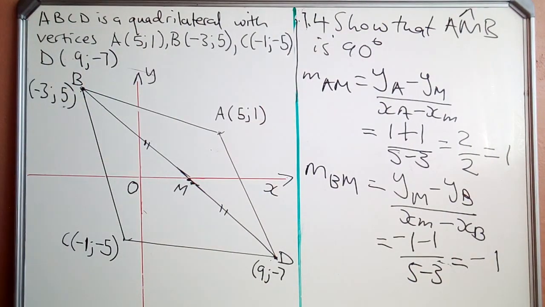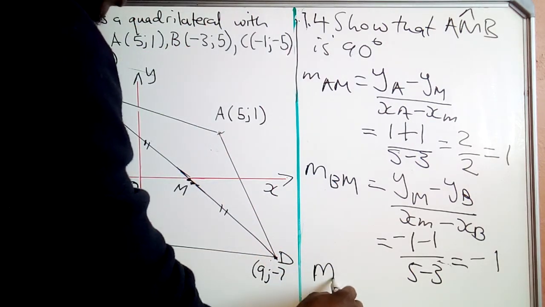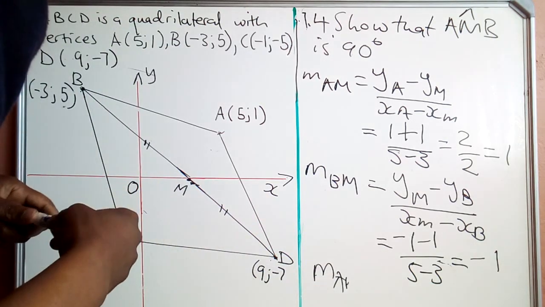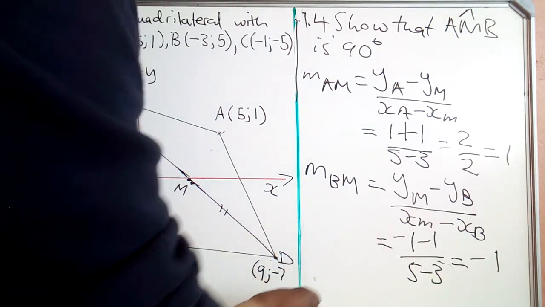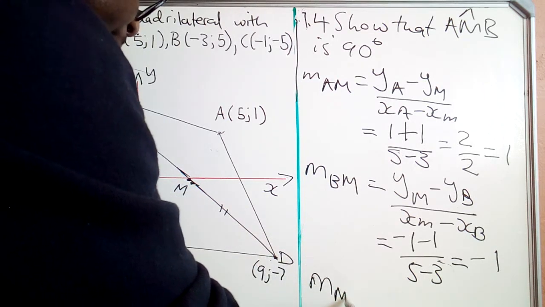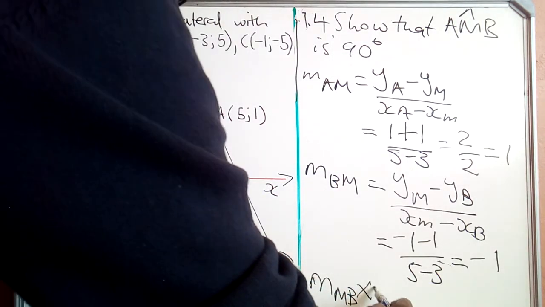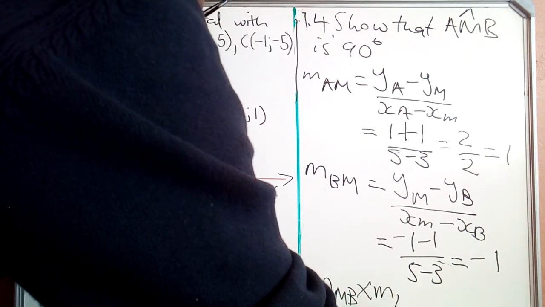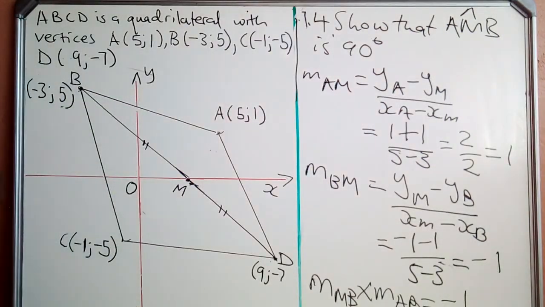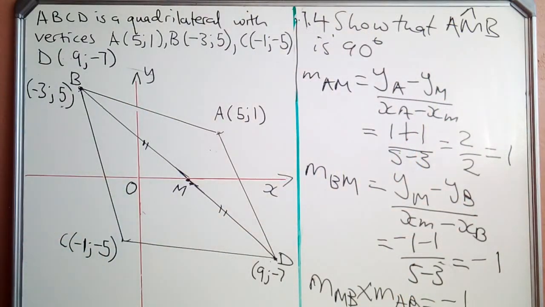Again, the last thing is we know that the gradient of MB times the gradient of AM is equal to minus 1. So 1 times minus 1 gives you minus 1.